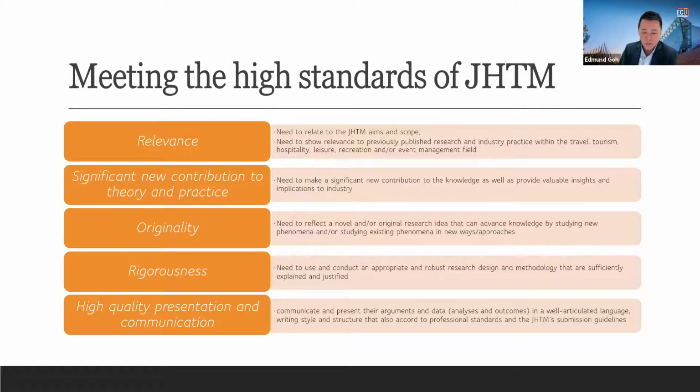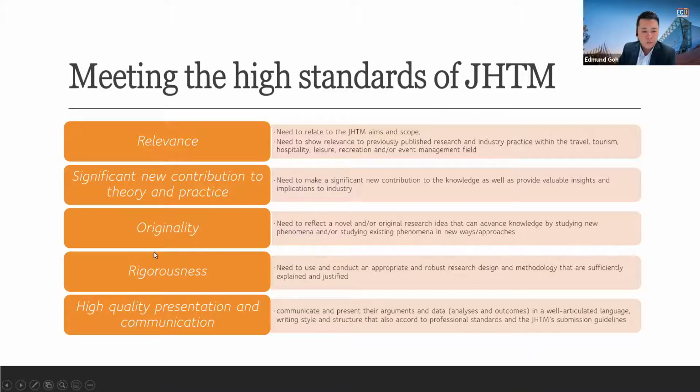Yeah, so the manuscripts should reflect a novel and original research idea that can advance our knowledge, by studying a new phenomenon or studying existing phenomena in new ways and approaches. Okay, that's the 3rd criteria.